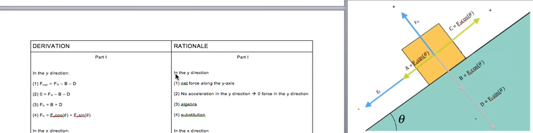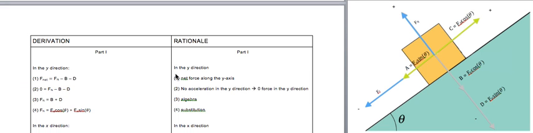So now we go to the derivation, and we're looking for the magnitude of the acceleration, and its direction. So we say that in the y direction, the net force is equal to the normal force minus b minus d, which follows our diagram.